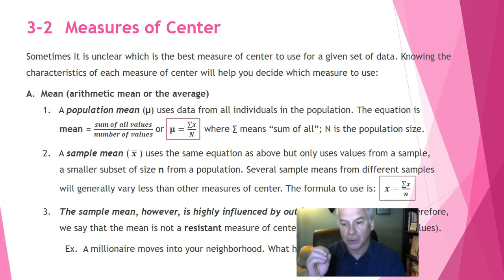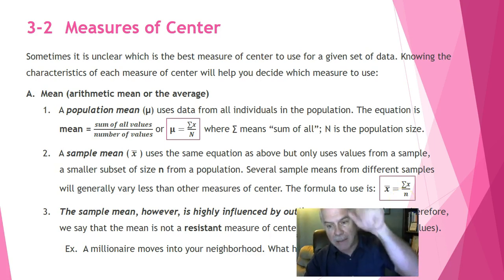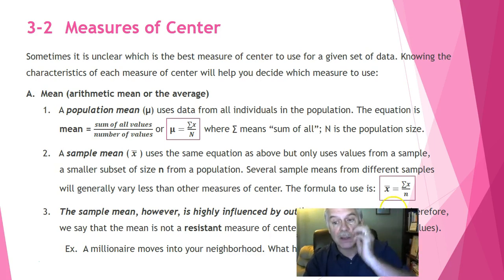We're talking about the mean of just a smaller subset of the population that we call the sample. The formula is the same idea, the sum of all the x's divided by the number of them, but we use a lowercase n to represent the number in a sample. The capital N was for the number in a population, but lowercase is for the number in a sample. So x bar is equal to the sum of all the x's divided by n, the number in the sample.